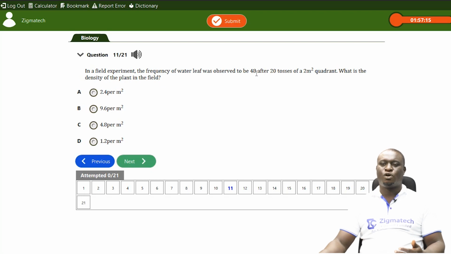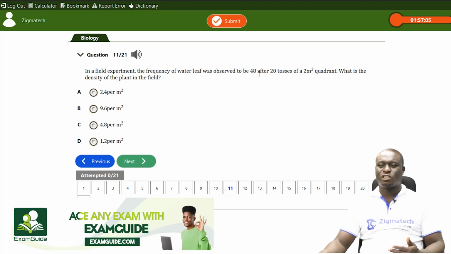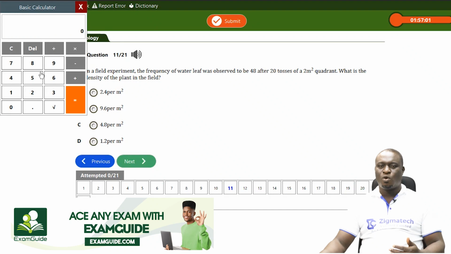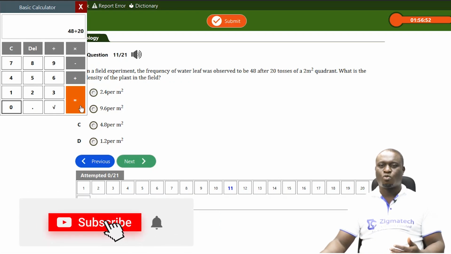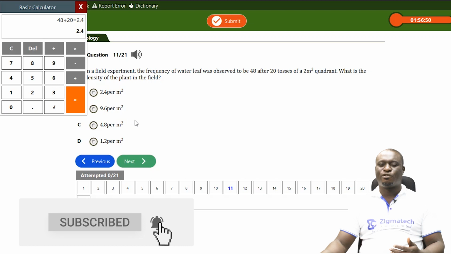So what I'm going to do first of all, for me to find the average number of water leaf in that particular field is to divide 48 divided by 20. Now, using the calculator there, we have 48 divided by 20. Now, what we got there is 2.4.